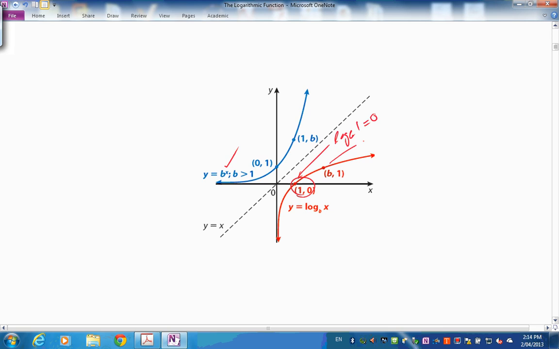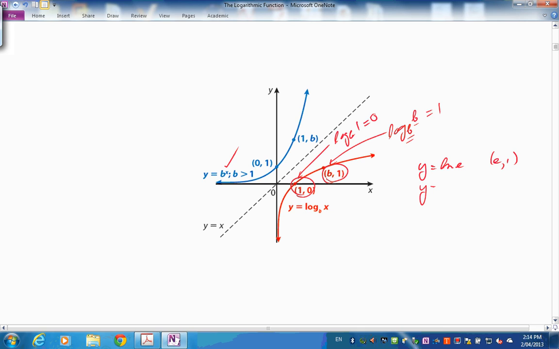And then we might also realise that if we have log to the base b of b, what power do you raise b to get b? It's the power 1. So another point that's always going to be on the log graph to base b will be (b, 1). So if you're using log to the base e on its graph, you would always have the point (e, 1).